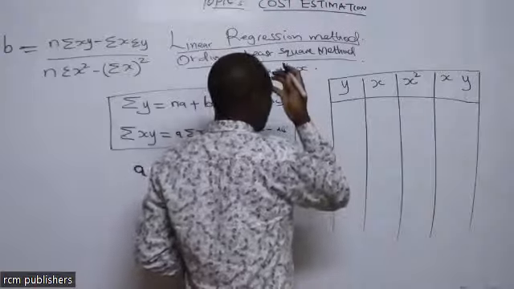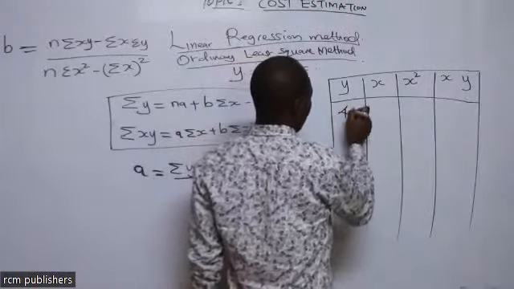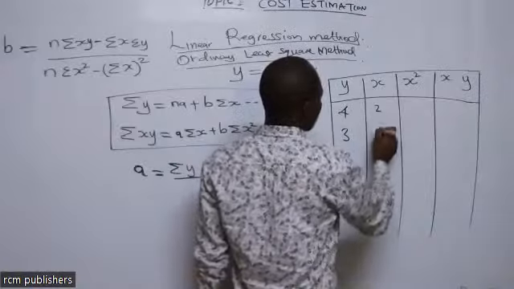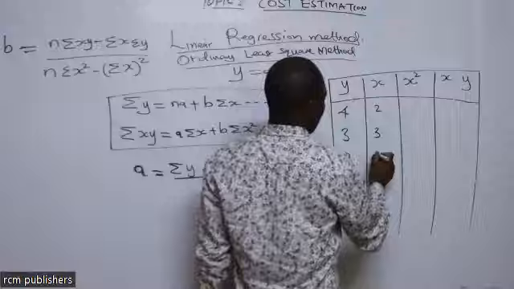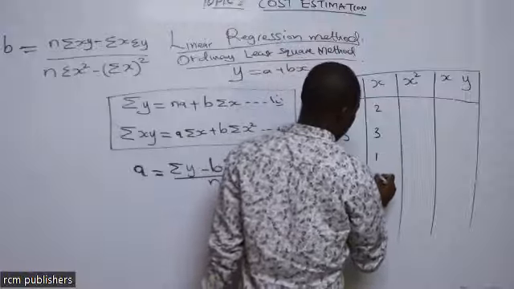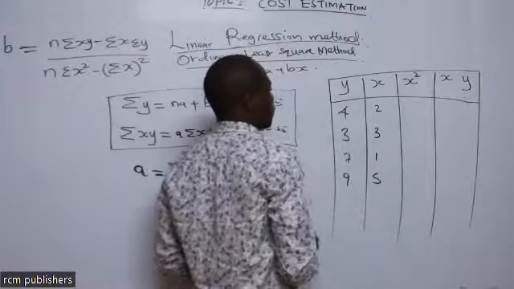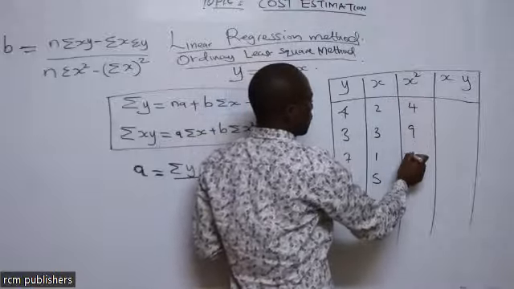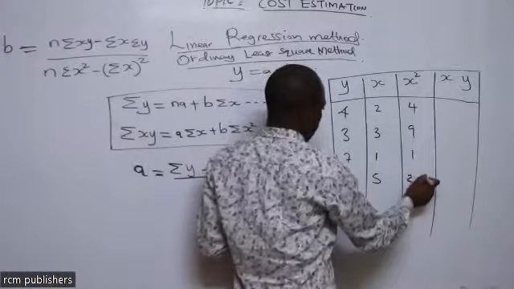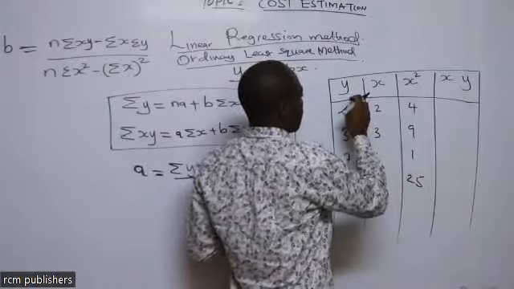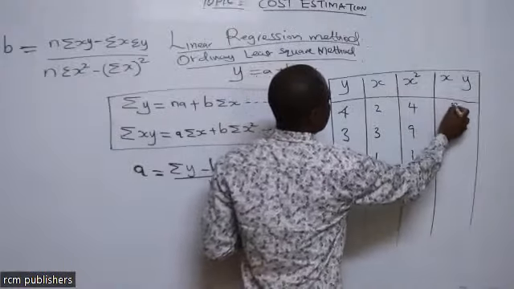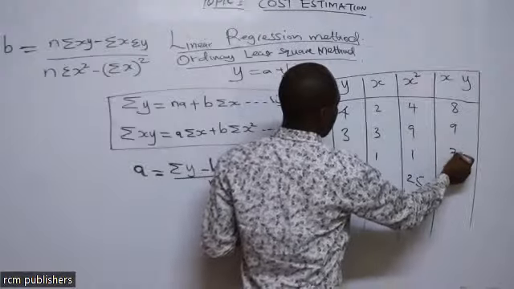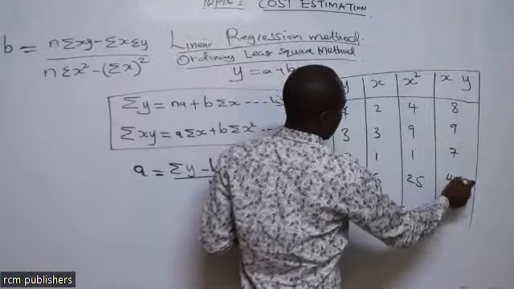We are going to have our values here. Let's say 4, 3, 7, 9, 2, 3, 1, 5. So X squared will be this one here, 4, 9, 1, 25. XY will be 8, 9, 7, 45.